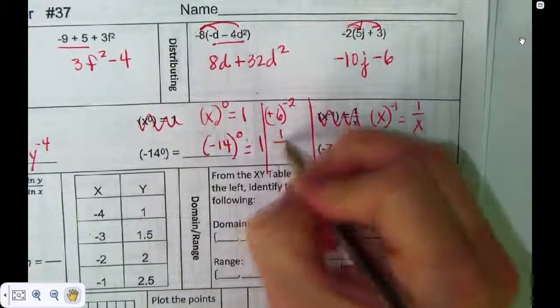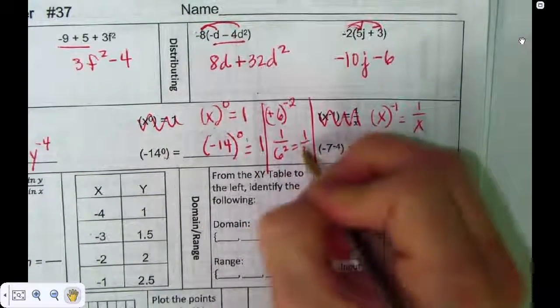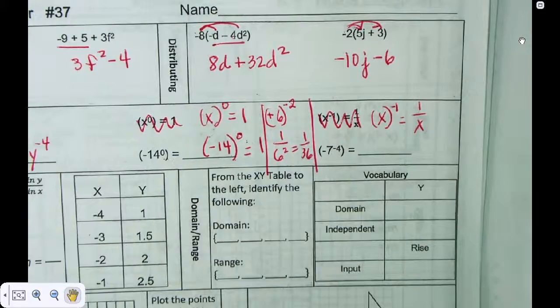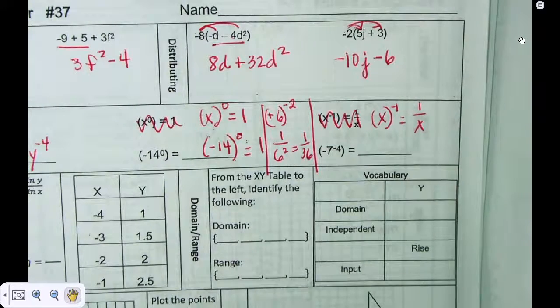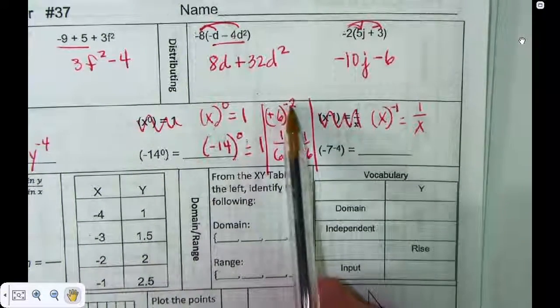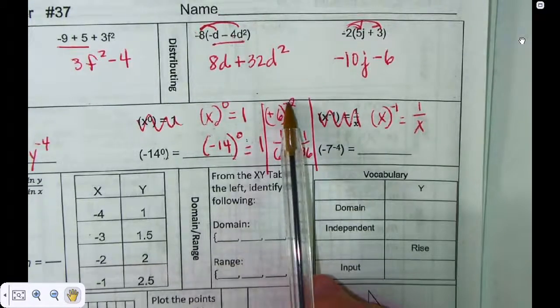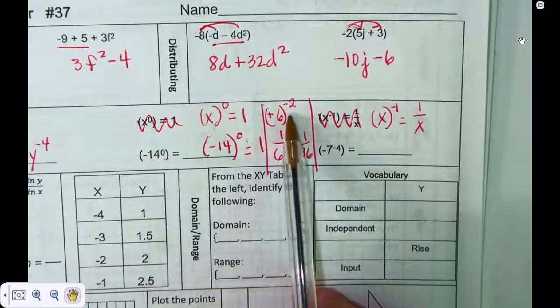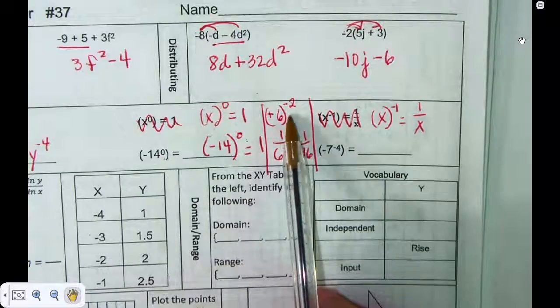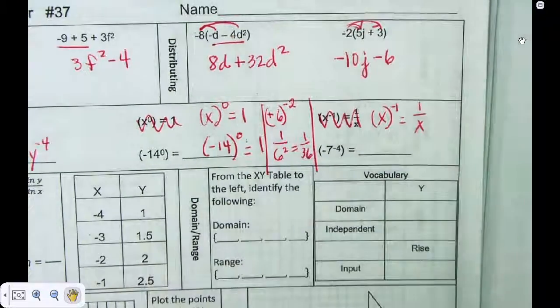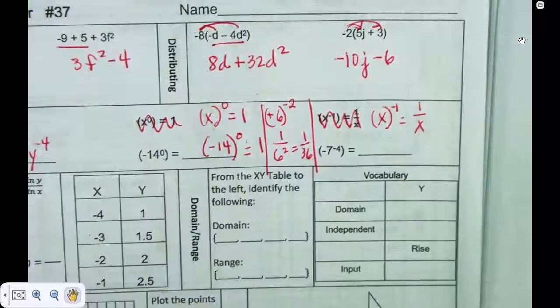So it's 1 over 6 squared, which is 1 over 36. That doesn't mean when it's a negative exponent that it's negative. That's one problem that algebra kids have. When it's a negative exponent, that means you're going to move that down to the denominator and put 1 on top. That's all you're doing.